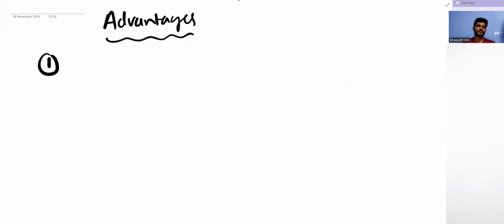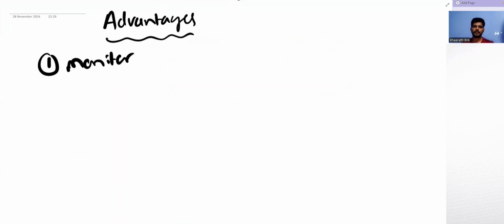Now, what are the advantages of this over thermal ablation? The first most important advantage is that you can monitor this. When you burn a tissue, it causes coagulation of the proteins and it just evaporates, and you cannot see how much of the tissue is coagulated.